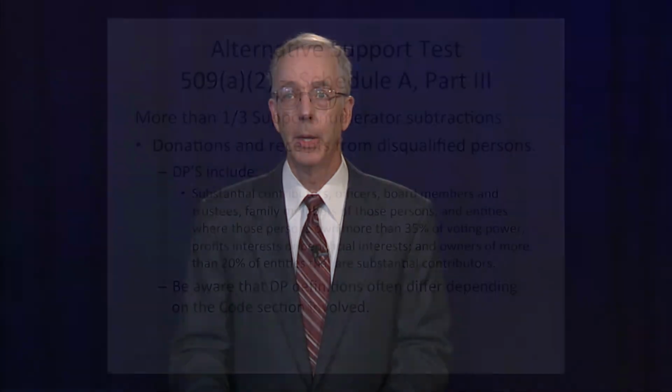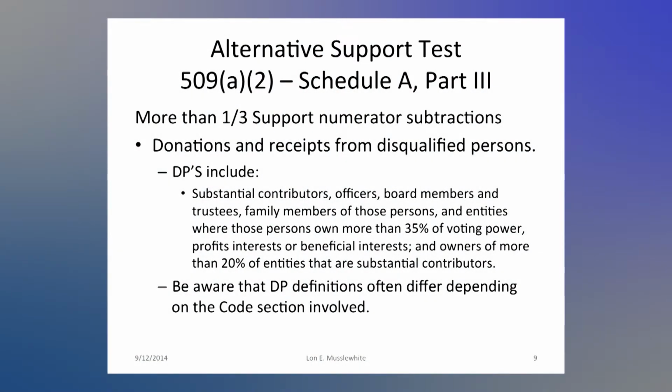There are some very significant subtractions to this 1/3 support numerator. Donations and receipts from disqualified persons is chief among them. Now, disqualified persons are going to be your board members, substantial contributors, officers, trustees, family members of those persons, and entities where those persons own more than 35% of the voting power or the profits interest, as well as owners of more than 20% of entities that are substantial contributors.